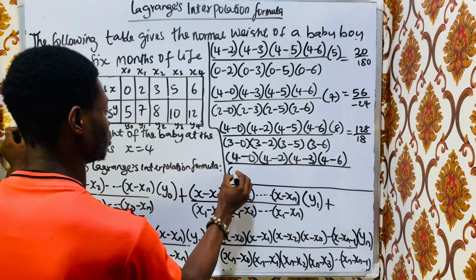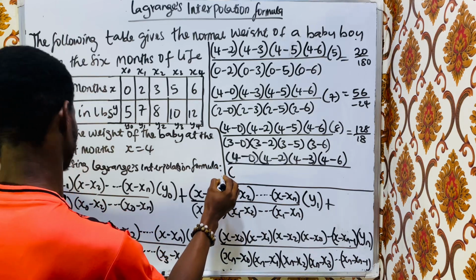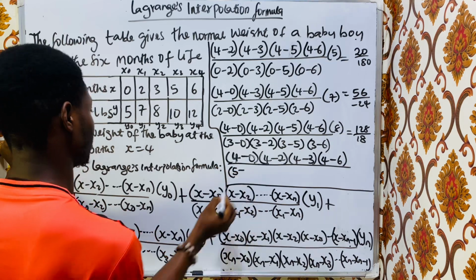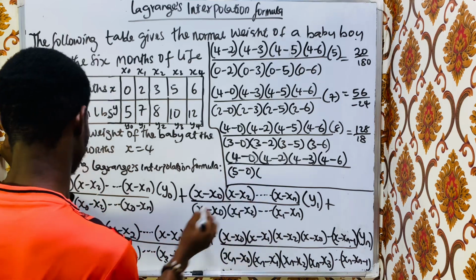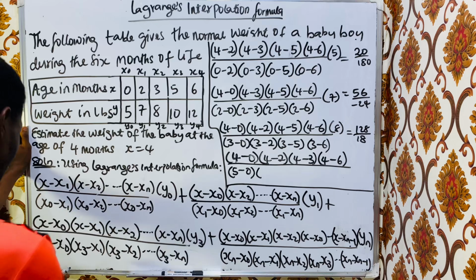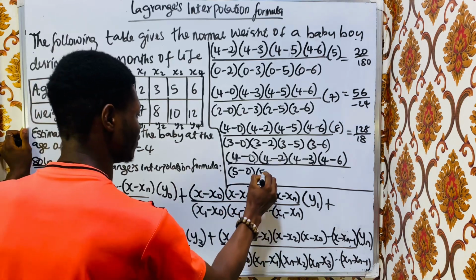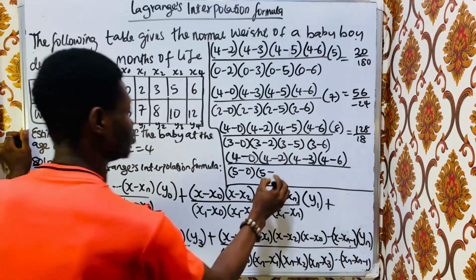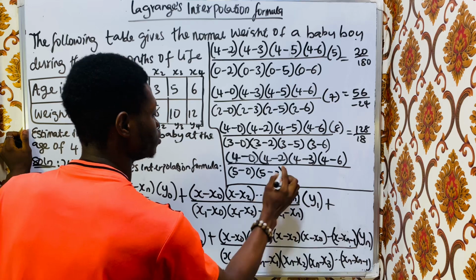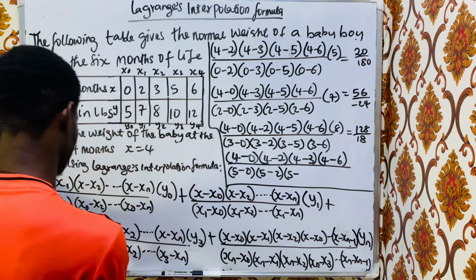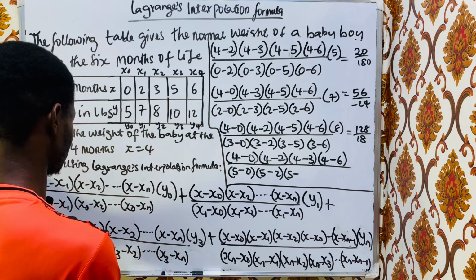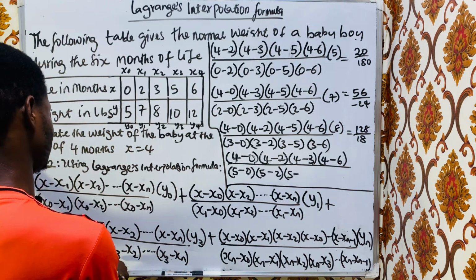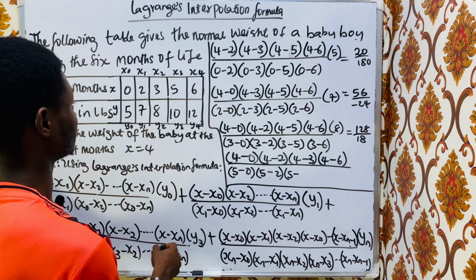x3 is 5 minus x0, x0 is 0. Then x3, which is 5, minus x1, which is 2. Then 5 minus x2, which is 3.